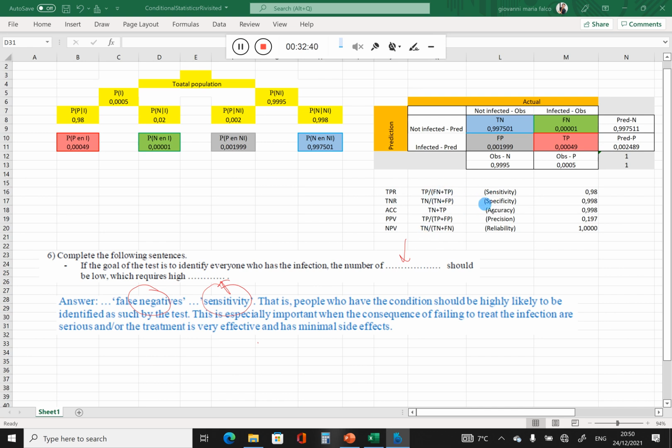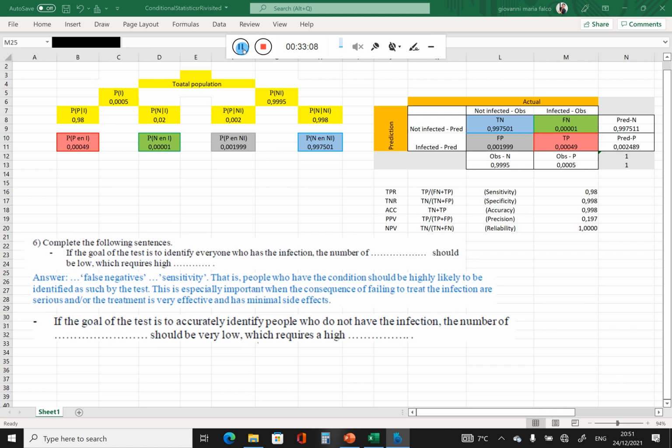So if you want very high sensitivity, you have to have a small number of false negatives, because you want to identify everyone who has an infection and avoid side effects, as we mentioned just before, for example, infected people going freely outside and infecting other people.